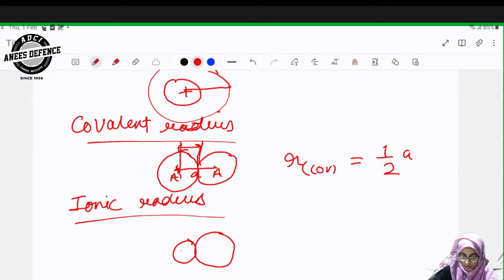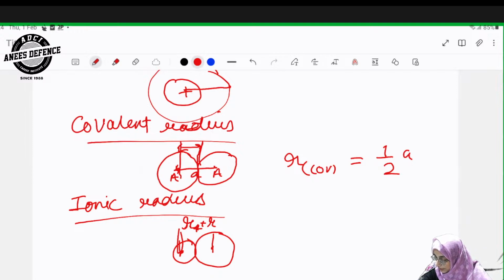It is the distance between these two, called R A plus R. This is the ionic radius.